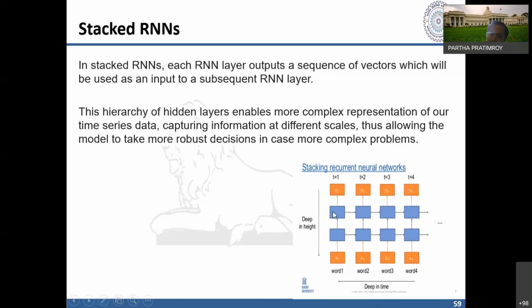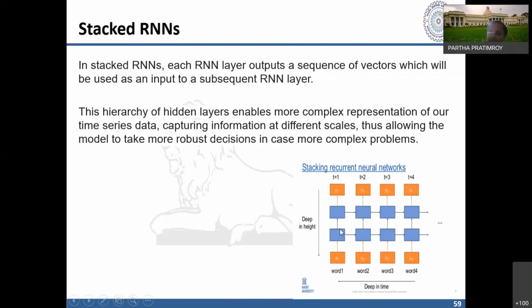You have this input and this output, then the output of the previous state is combined. This is one RNN, this is another RNN. You can use separate stacks of RNN. In stacked RNN, each RNN layer outputs a sequence of vectors which will be used as an input to a subsequent RNN layer.